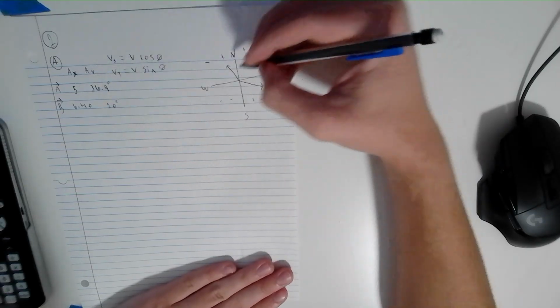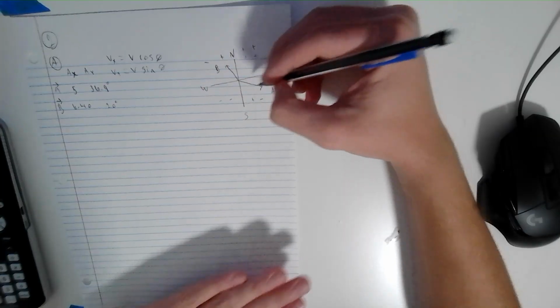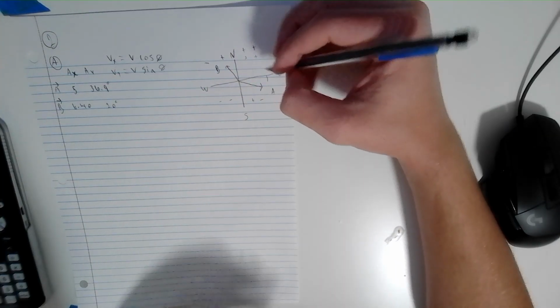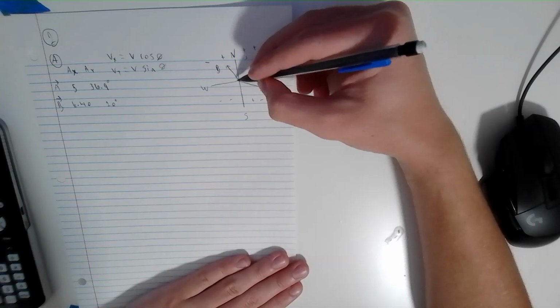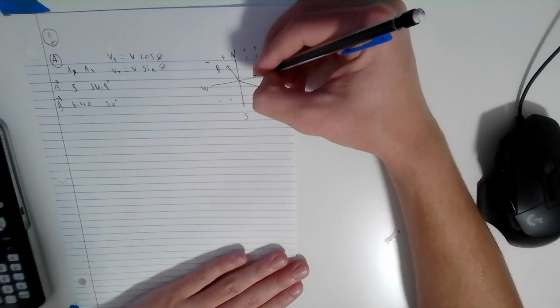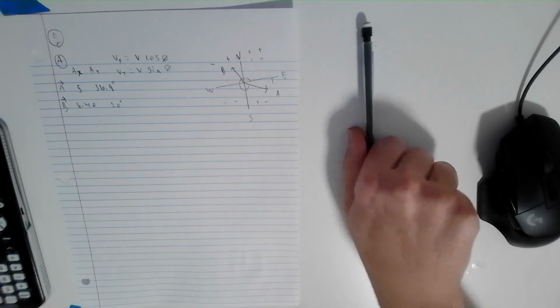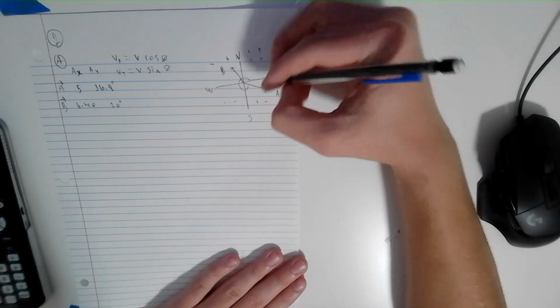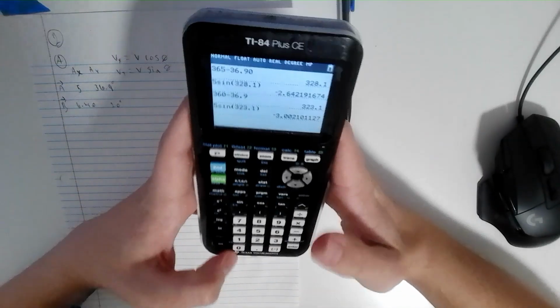So for example, vector A, so that's A, and then this is B. Vector B is down here, and so to find the positive angle of this, or the actual angle, what I would call it, if you're going from the x-axis all the way around, this angle would be 360 minus whatever they give us, so 36.9.